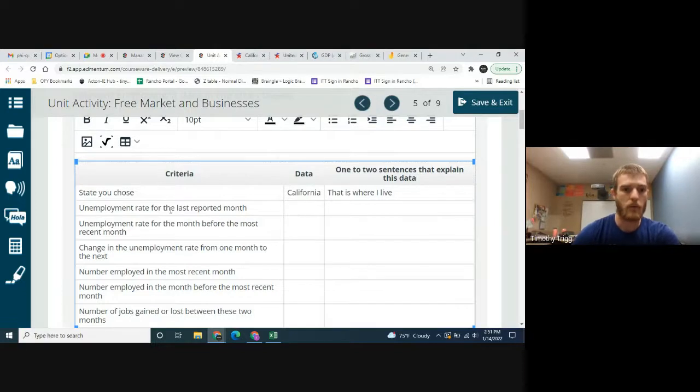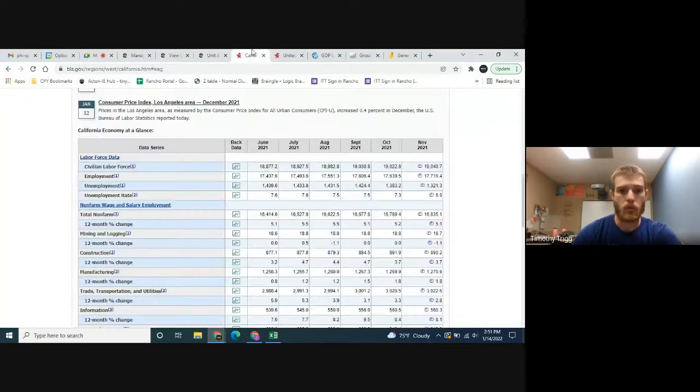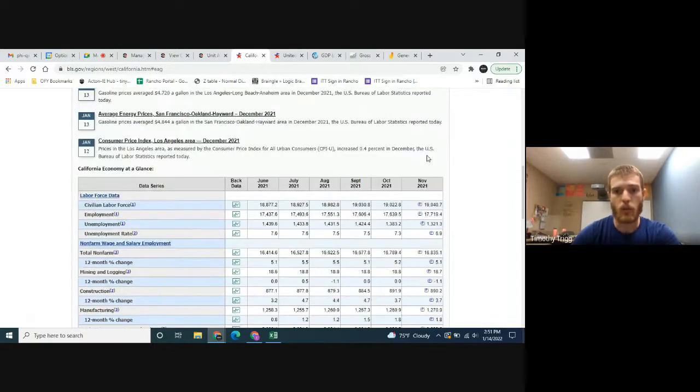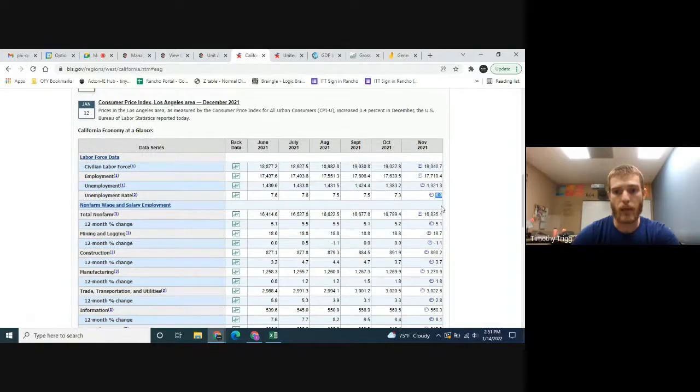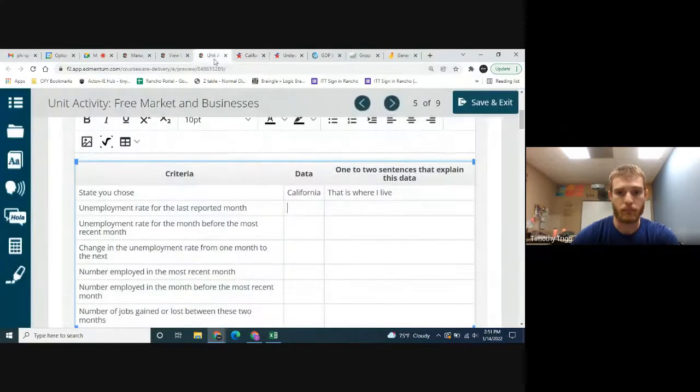Okay. Unemployment rate. For the unemployment rate, you want to look at this row right here. This current month actually has November 2021. So that's 6.9%. And over here, you're just going to write what that means.